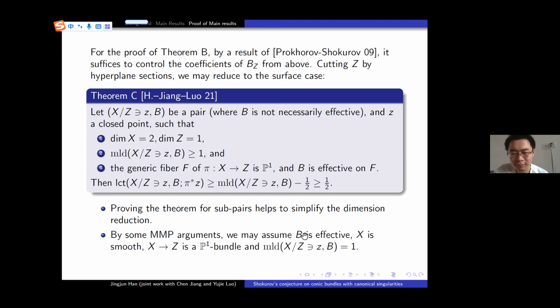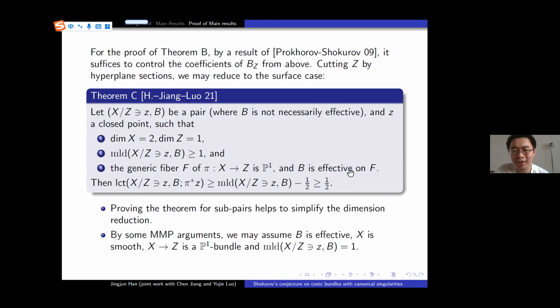And then by some MMP arguments, we may reduce to the case that B is effective, X is smooth, X over Z is a P1 bundle, and the MLD of this relative pair is equal to 1.